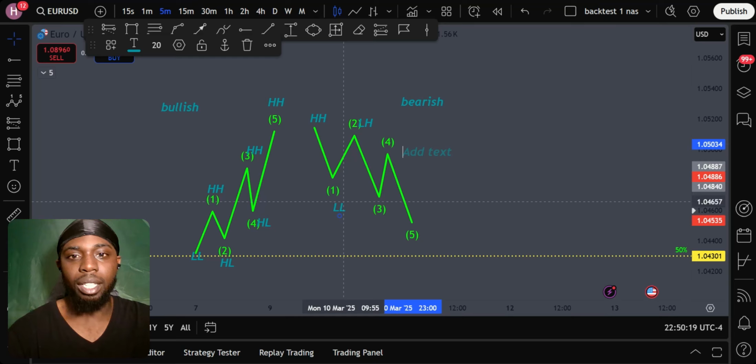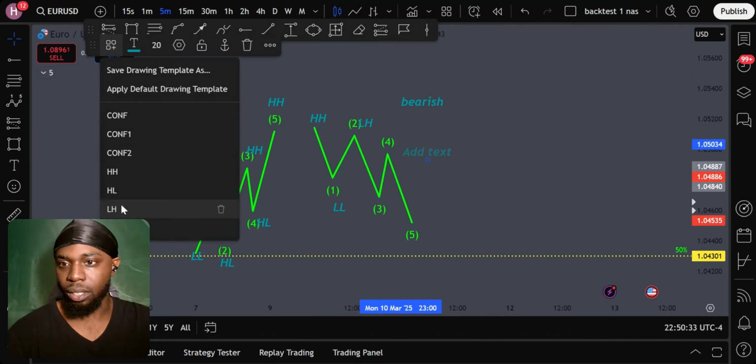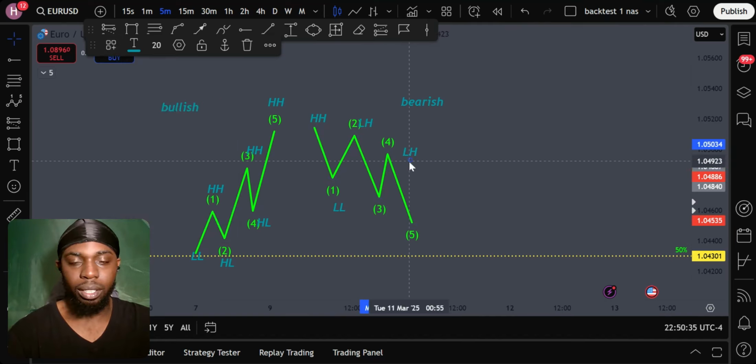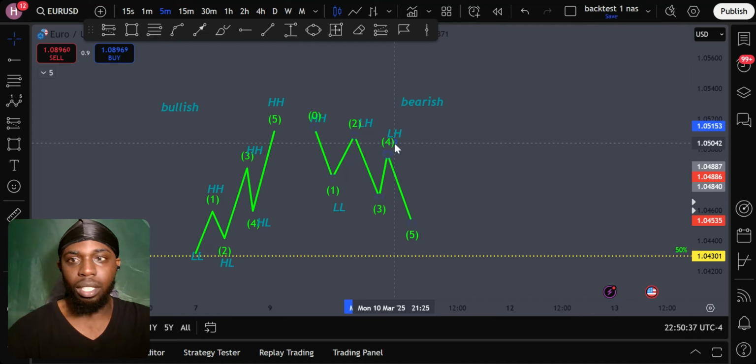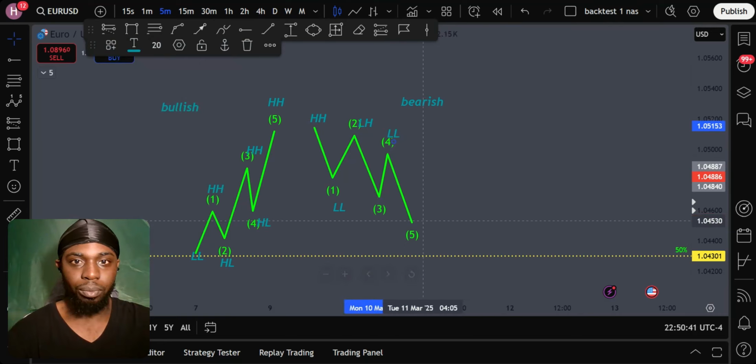So we got a higher high here, a lower low, a lower high, and then this would be another lower high that it created because it's still lower than this last structure, but it came up high. So lower high here, and then this would be considered a lower low.